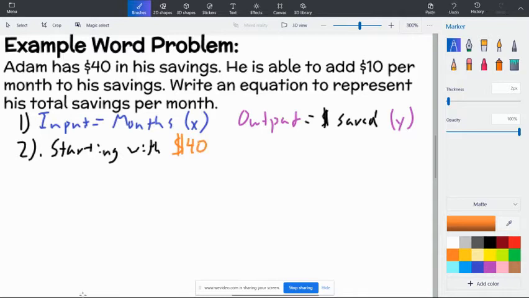And if we actually look up here, we can box that in a little bit just to show. We can also underline our month. It should be an underline. Cross out, there we go. We can mark our output as well. Total savings is what we're trying to find, the result.